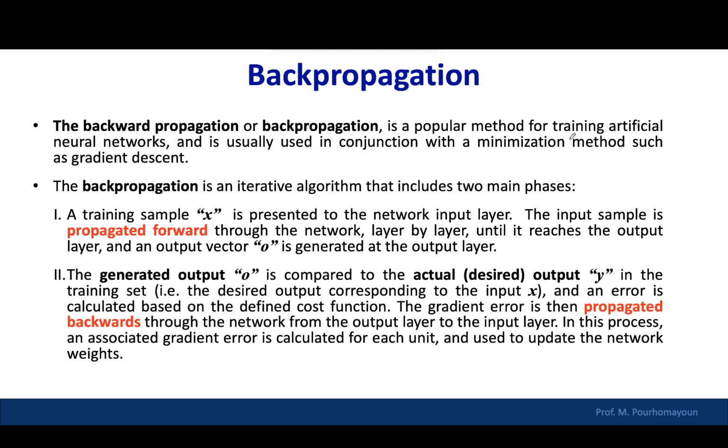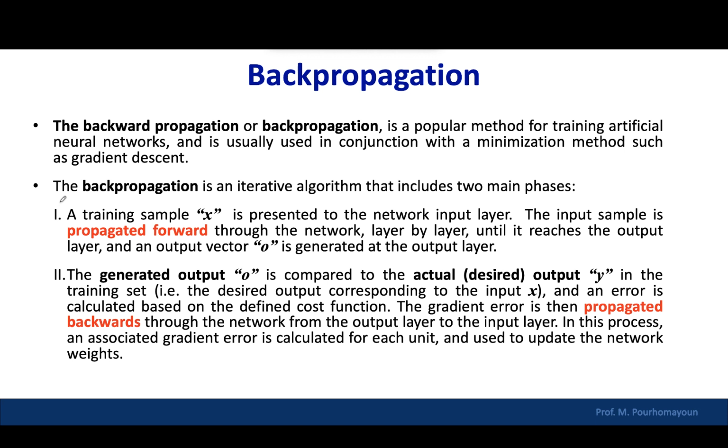Backpropagation is an iterative method. It's also called backward propagation. It's a very popular method for training artificial neural networks, and it's usually used in conjunction with minimization methods like gradient descent. It has two main steps or two main phases.